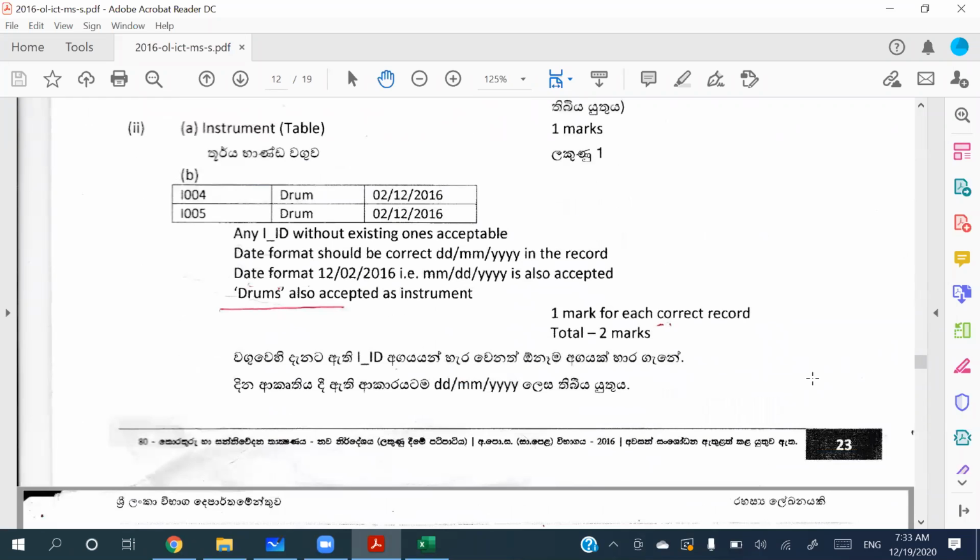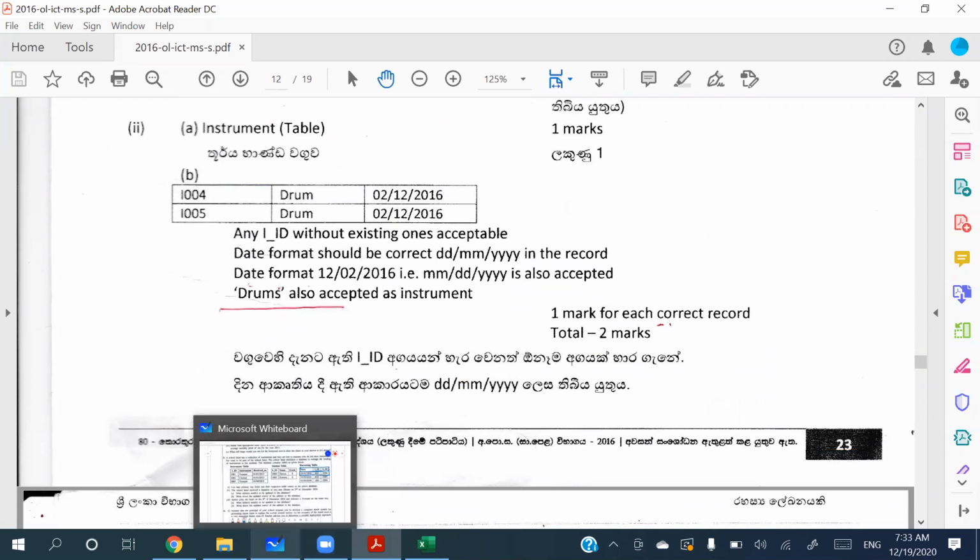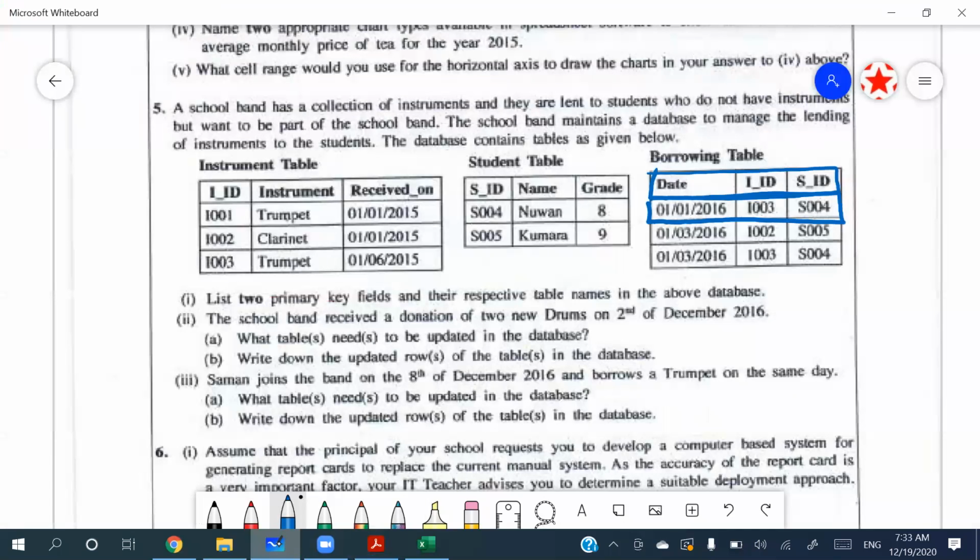And the second one, it says about some transaction. Let's see what it is. The school band received a donation of 2 new drums on 2nd of December 2016. So we have to identify the details that they are saying.